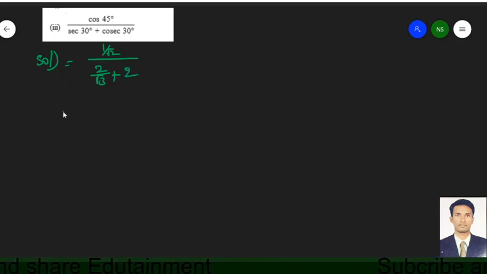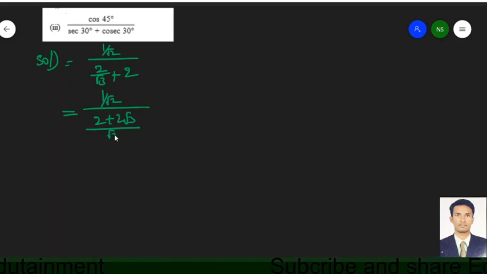Now let us simplify these values. 1 by root 2 whole divided by 2 by root 3 plus 2, and by taking the LCM we can calculate this. So this equals 1 by root 2 into root 3 divided by 2 plus 2 root 3.